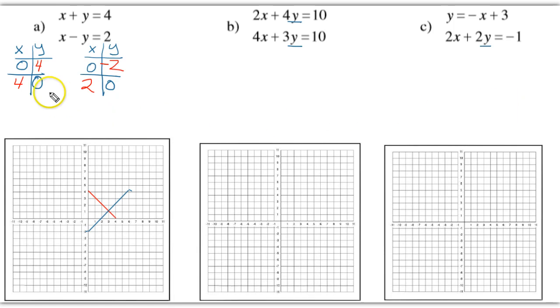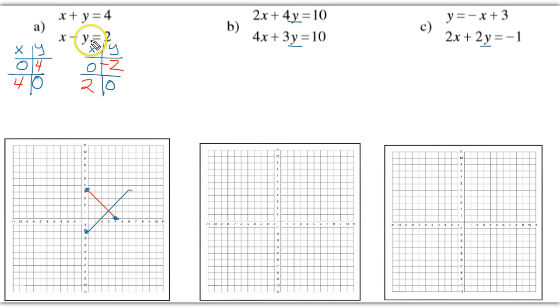Now in doing letter A, if x is 0, y is 4, right there, and if y is 0, x is 4. So we have a y-intercept there, and this is our graph of it. I'm just looking for the point of intersection. Of course, it extends beyond that. And this one, if x is 0, y is going to be a negative 2, which is right there.